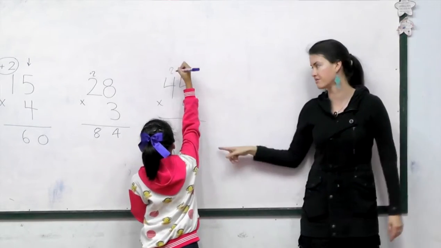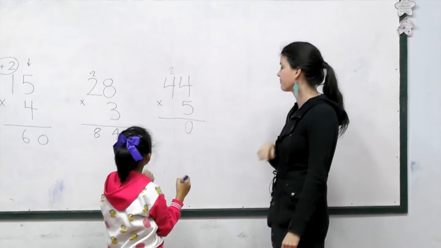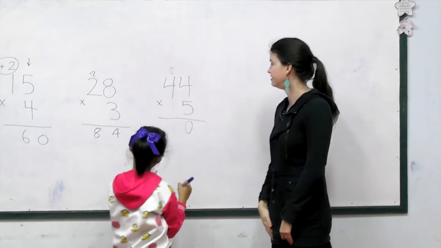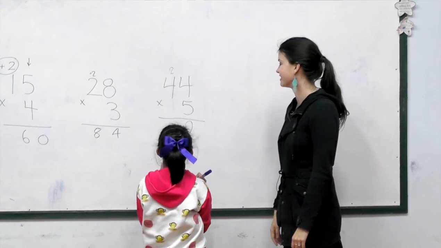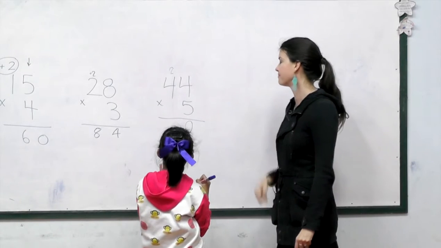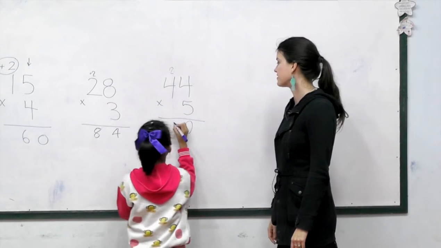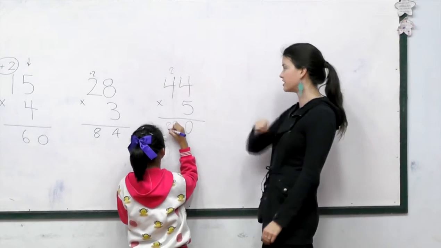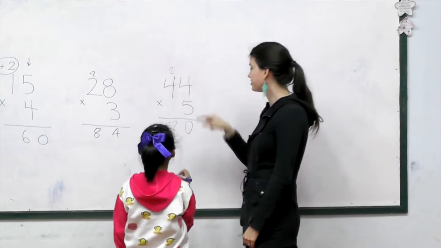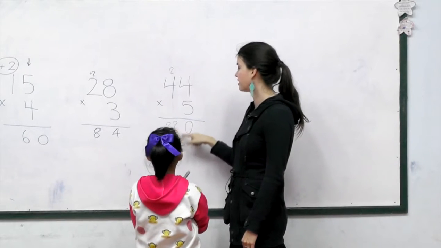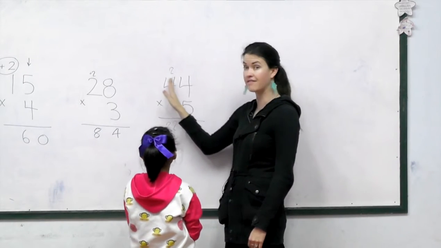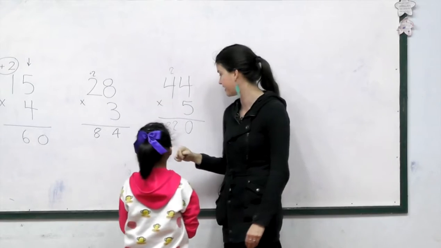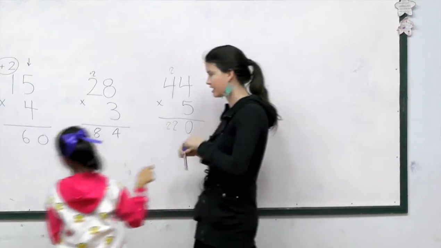We know we can't just write 20 on the bottom. We've got our 2 at the top. 5 times 4 is 20, plus 2 is 22. We can put our 22 down at the bottom because we don't have anything else to multiply. 220. Go get a sticker.